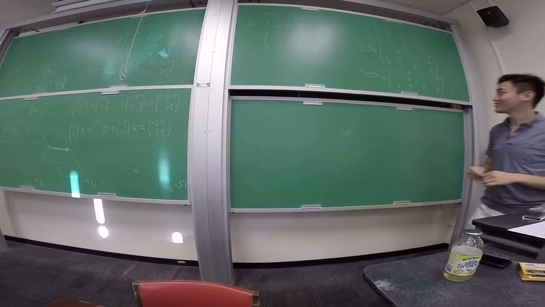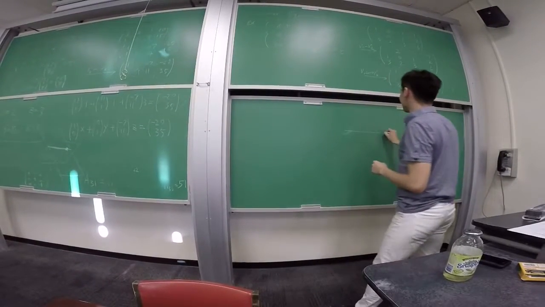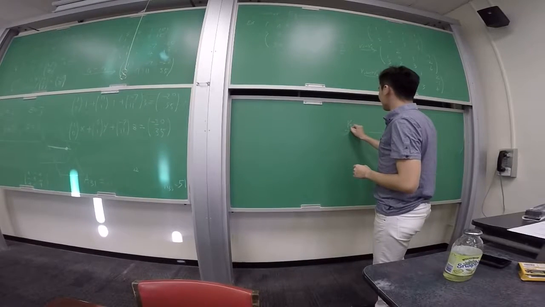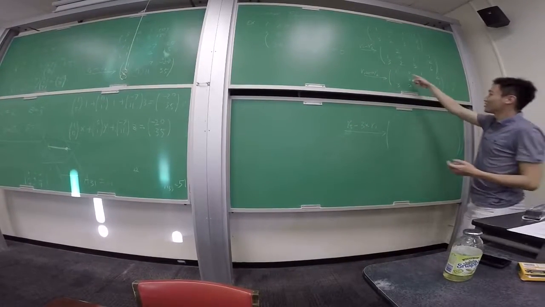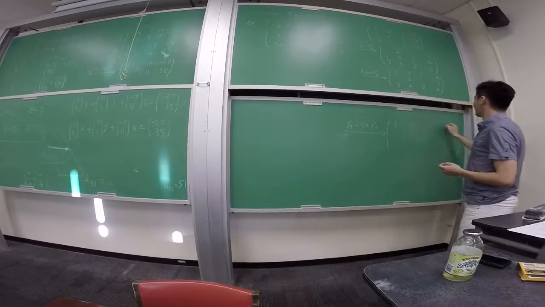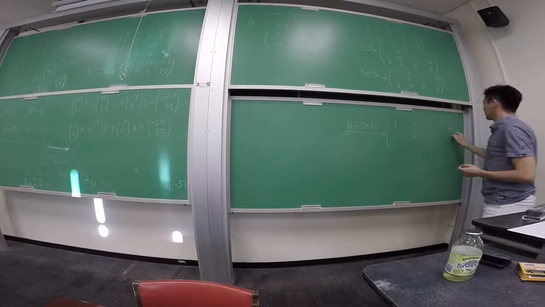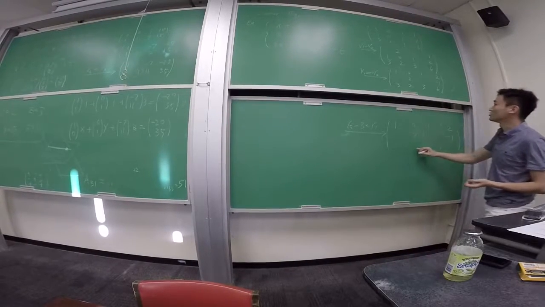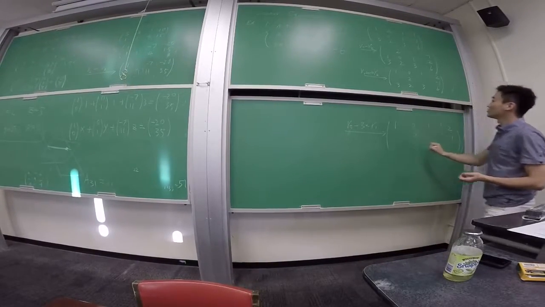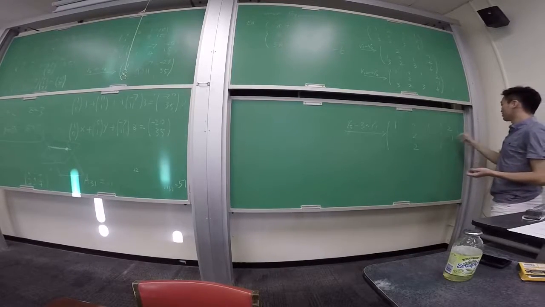R3 minus 3R1. Yeah. Then you can clear the first column. R3 minus 3 times R1. You got 1, 0, 1, 2; 0, 2, 0, minus 1; and this is 0, 2, 0, 0.